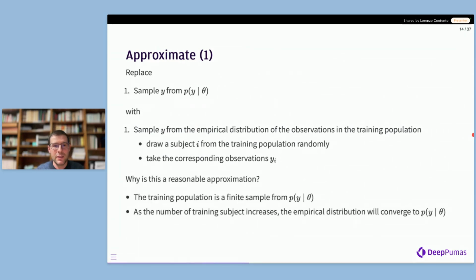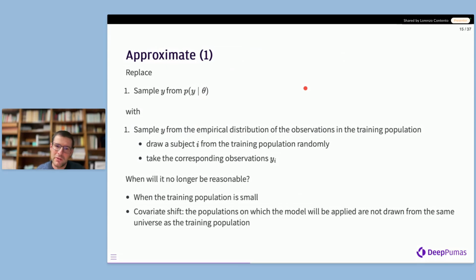Well, the training population is just a finite sample from the distribution of the observations, which is this one here. And if we have a large number of subjects, we can expect these to be pretty close. In the limit, they will converge to the same distribution. And so if we have enough subjects, then this approximation should be perfectly fine.